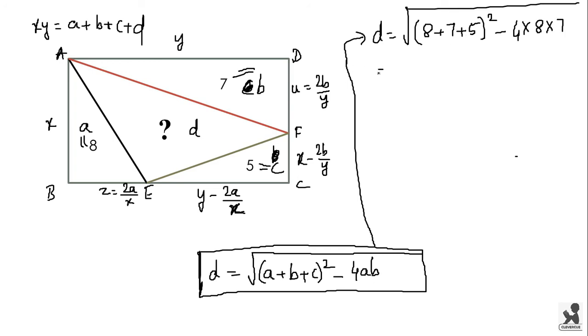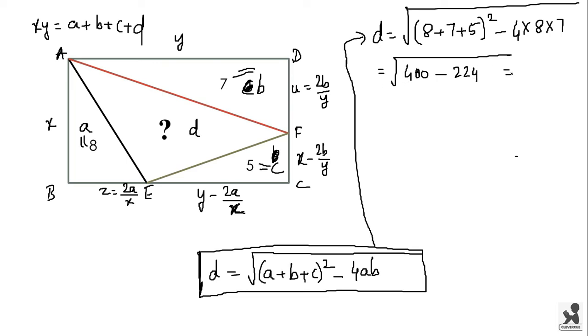We get under root, this 8 plus 7 is 15 and 15 plus 5 is 20. 20 square is 400 minus, here 8 into 7 is 56 and 56 into 4 is 224.